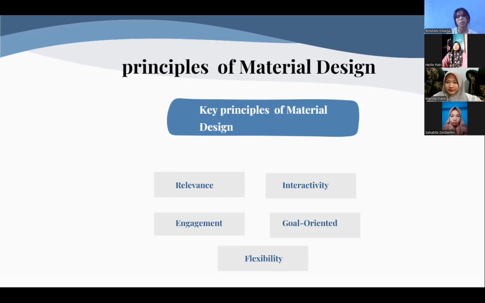So here we ensure that every activity contributes to a clear learning goal. And then flexibility. Flexibility means that the material should be adaptable to different proficiency levels and learning styles. So this makes it suitable for various classroom settings. Okay, next slide, please.